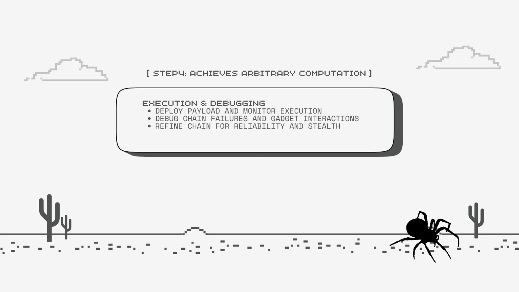ROP chains can be fragile, you may need to troubleshoot gadget interactions. Refine for reliability and stealth, optimize your chain to work consistently and avoid detection. The goal is a reliable, repeatable exploit that achieves your objective, whether that's executing shellcode, escalating privileges, or establishing persistent access.